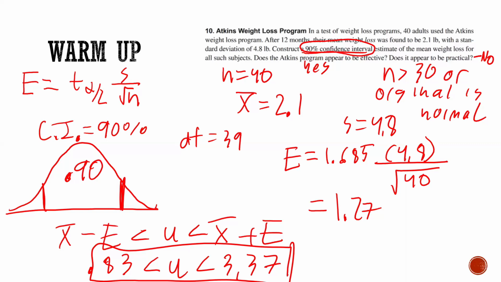This one we used the Z intervals instead of a T interval. It should sound familiar, right? We did a whole section on this. We spent a whole day on it.